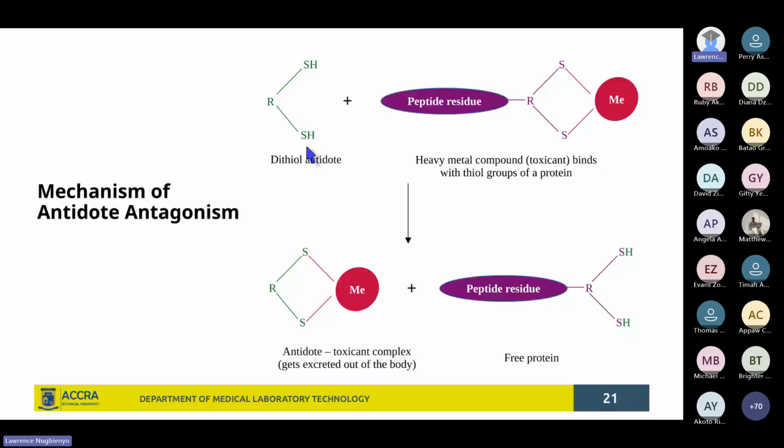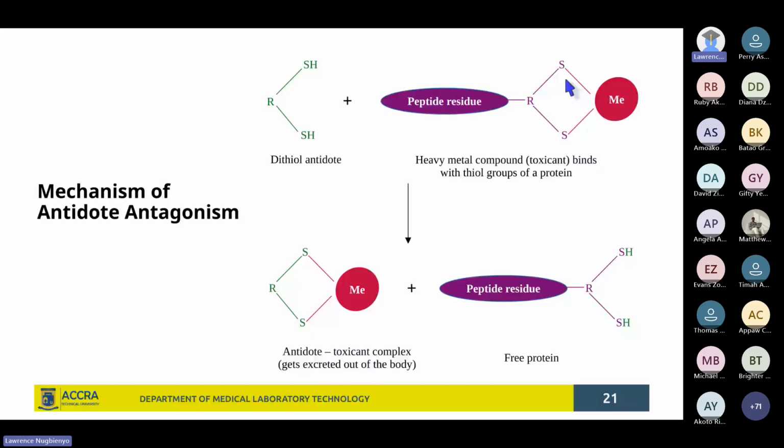So if you look at the structure of this antidote, you see the ends are some sulfhydryl groups, which looks very much like what you have in proteins also, the amino acid cysteine, between which you may have some disulfide bridge.